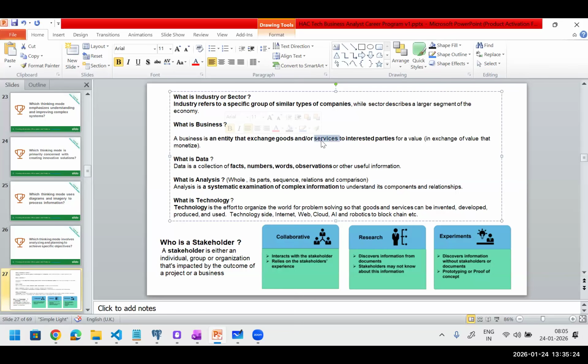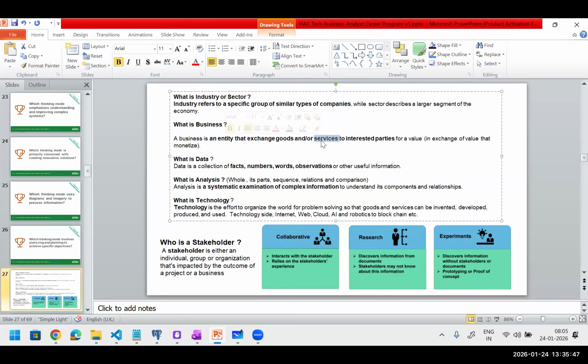Simple way. Creating value. Let's say our training program, this career program for Tech BA. We are trying to create value for you, and in return, you are creating value in terms of a currency. What are we exchanging? We are sharing the knowledge, the techniques, and all these methodologies.